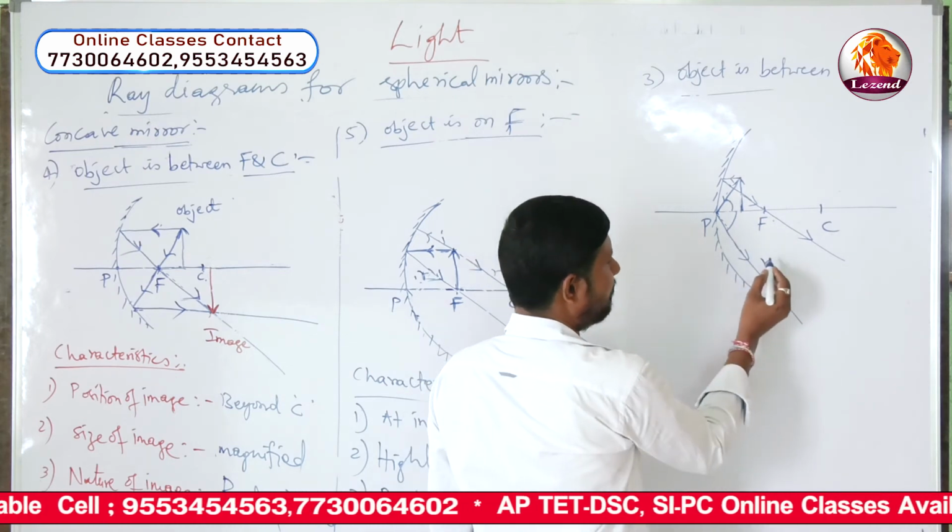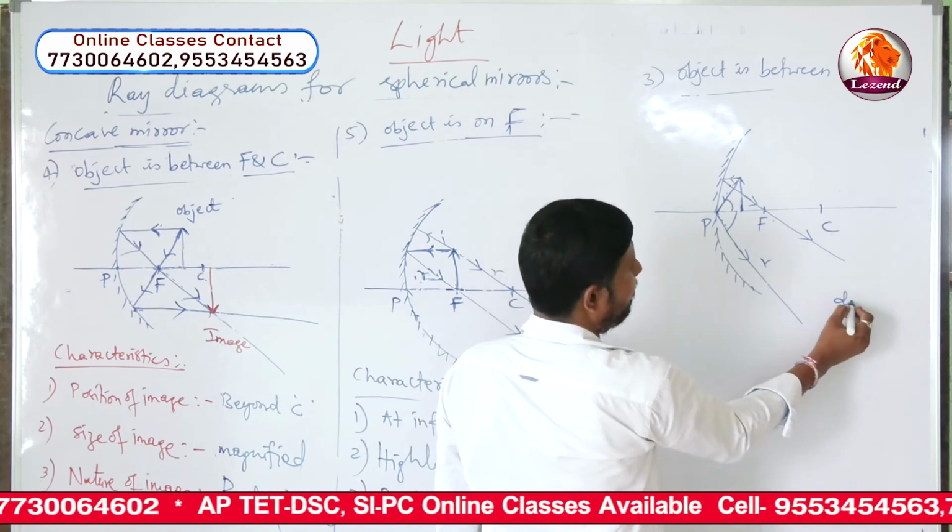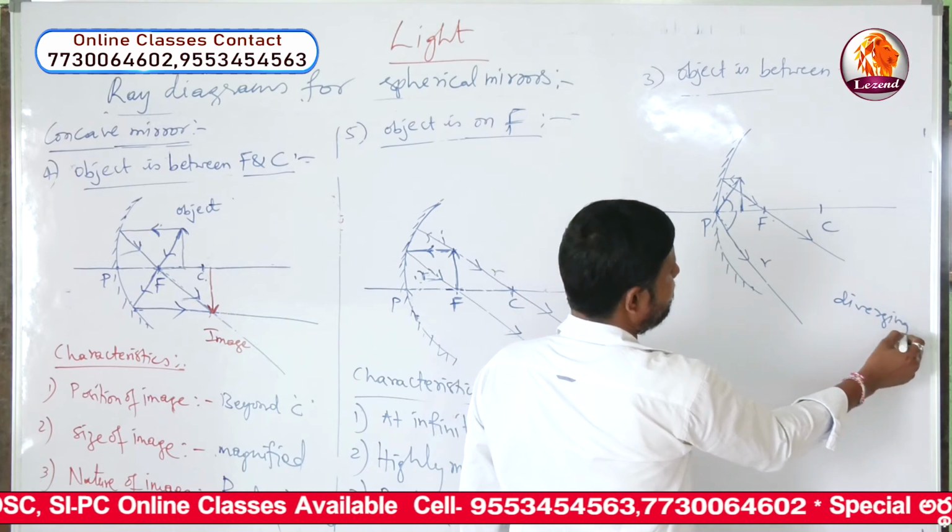So it is the reflected ray, and these two reflected rays are looking like diverging. Diverging means they never meet.